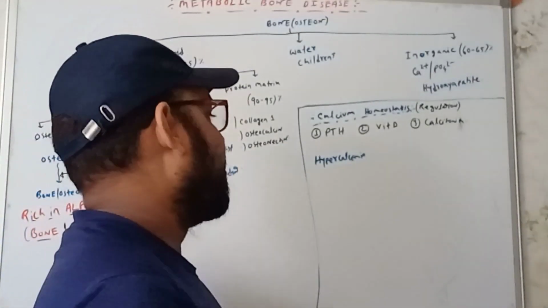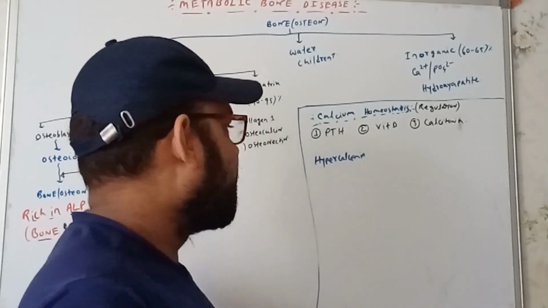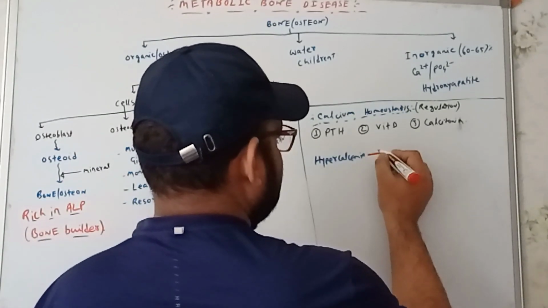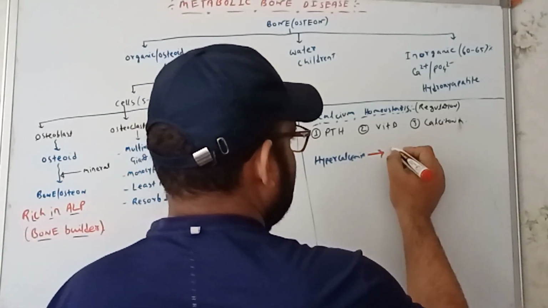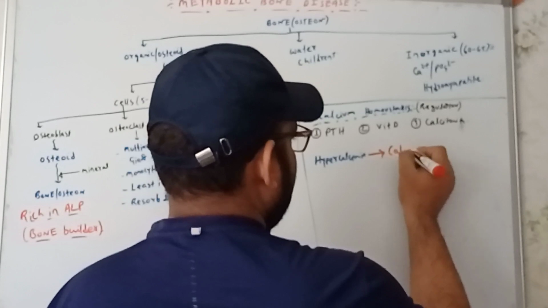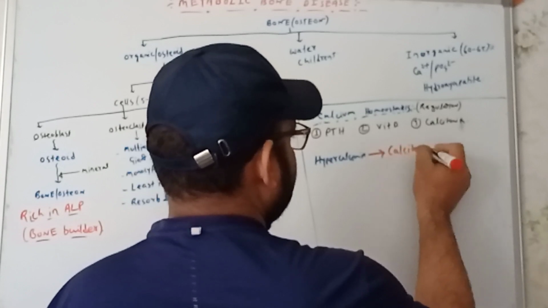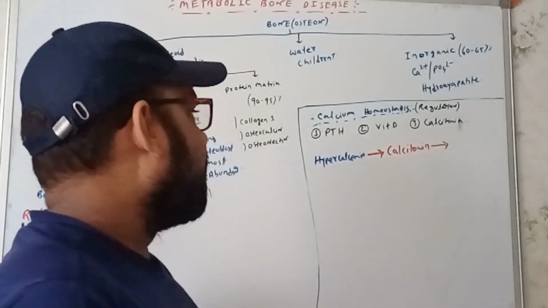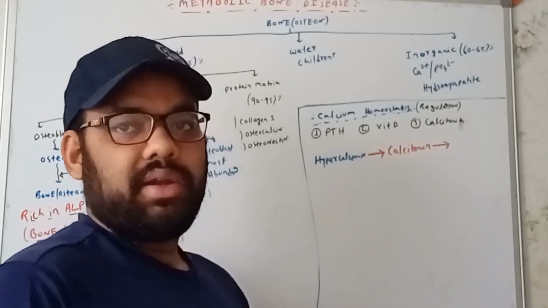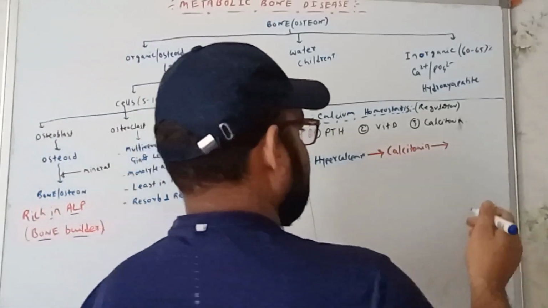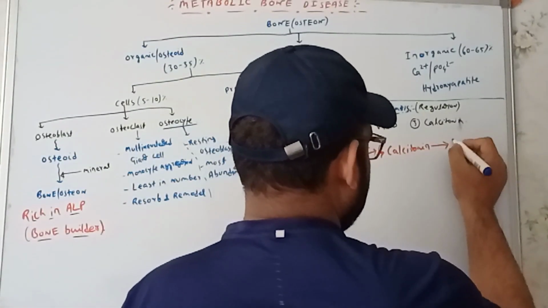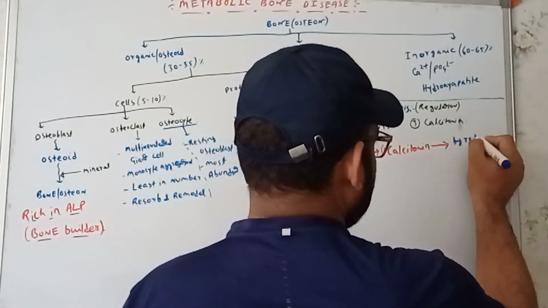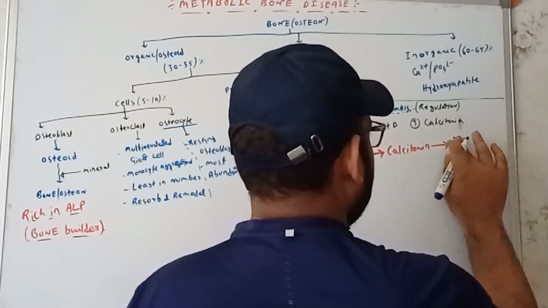So if we get to see hypercalcemia, that means the blood calcium level is elevated. Whenever we get to see the blood calcium level elevation, at that time what type of hormone will be activated? That is the calcitonin. Okay, and that will bring back the normal calcium and the normal phosphate level, right?